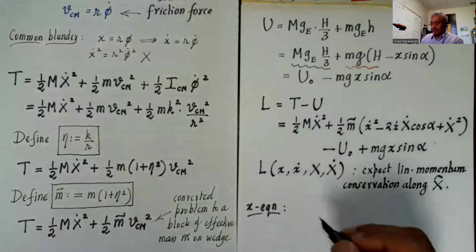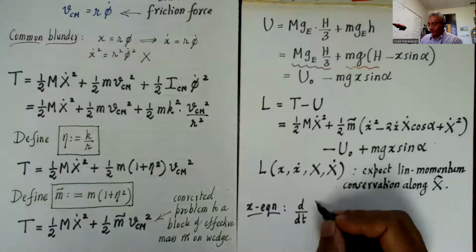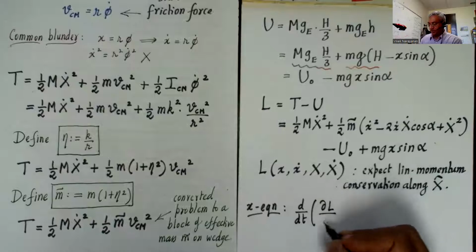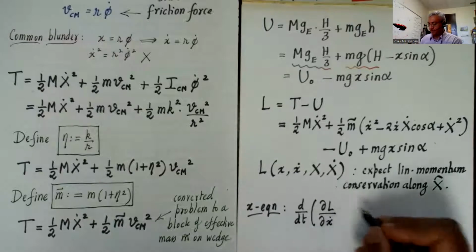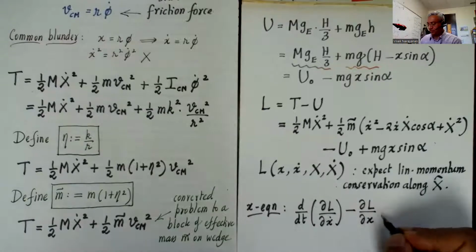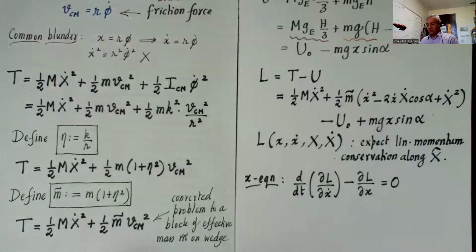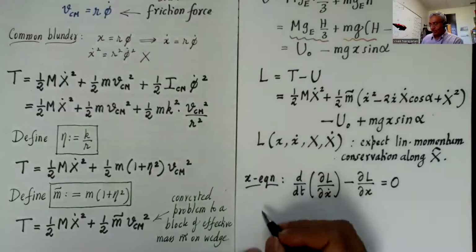So the x equation is d by dt of del L over del x dot minus del L over del x equal to 0. Now it's just a matter of looking at the Lagrangian and doing the math.